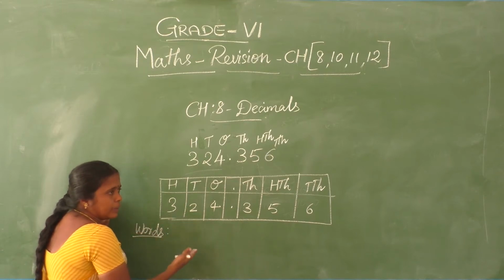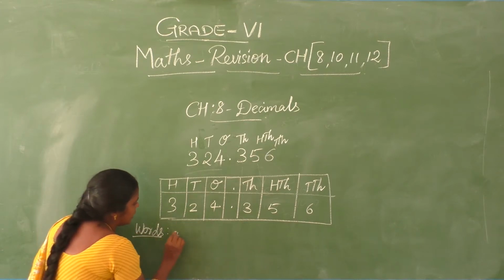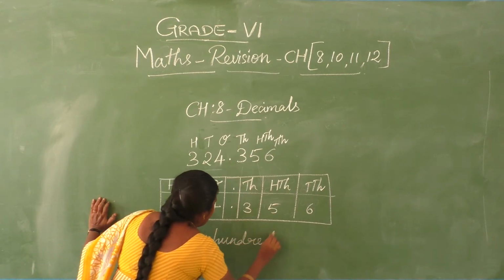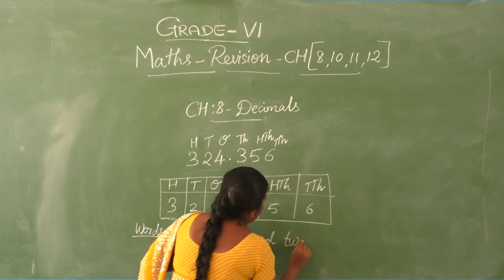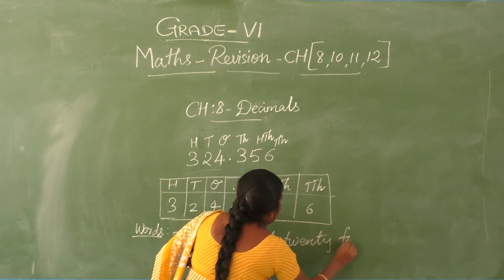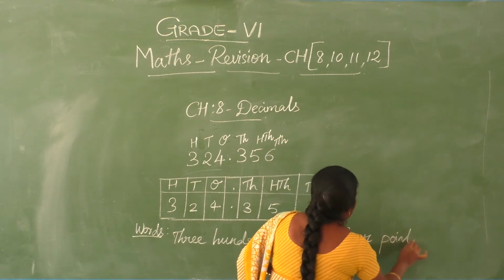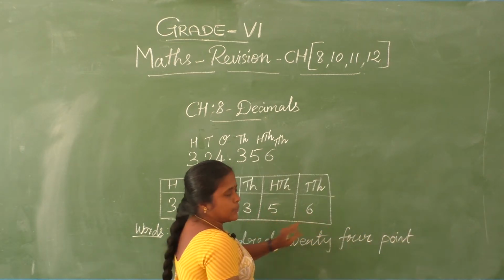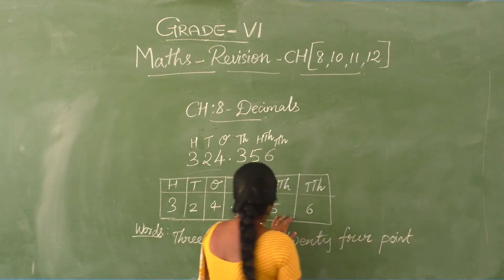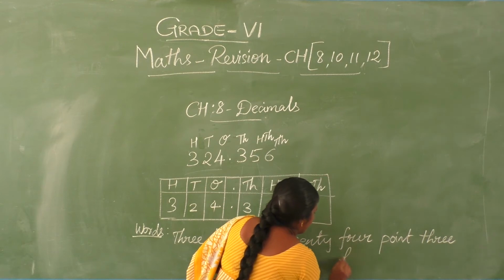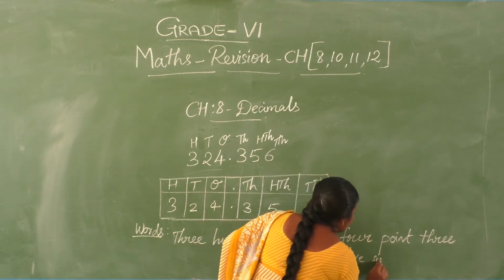How you are reading the number, the same way you have to write. 324.356, like that. You should not read the decimal part together as 356; three hundred fifty-six, like that you have to write.